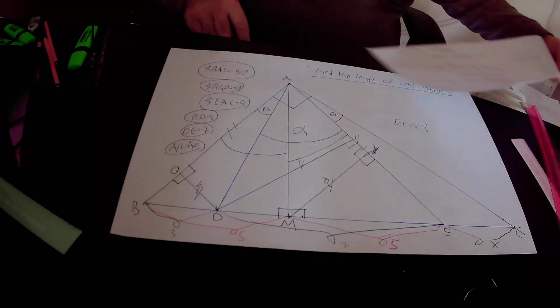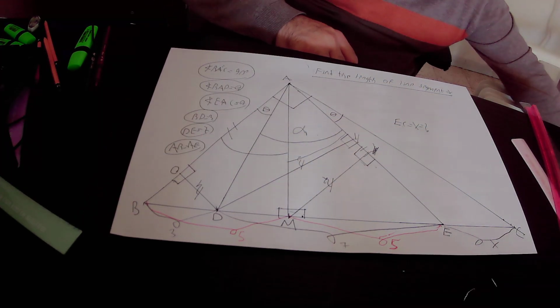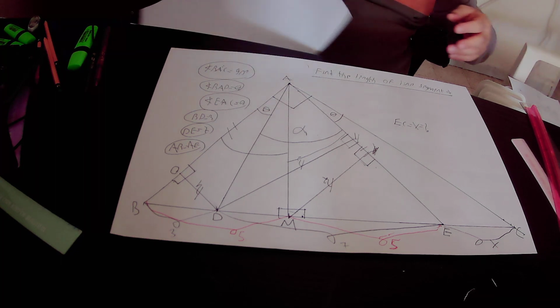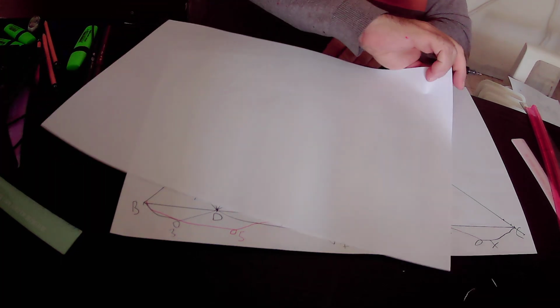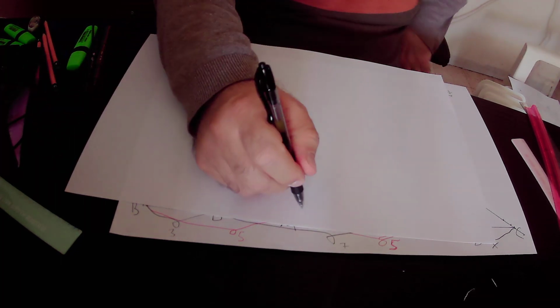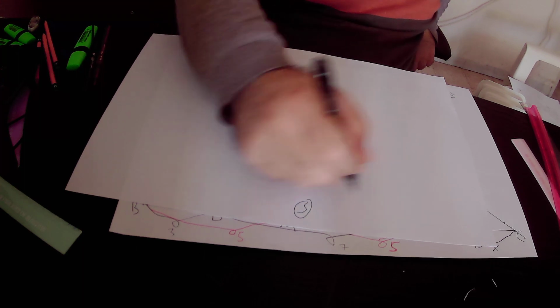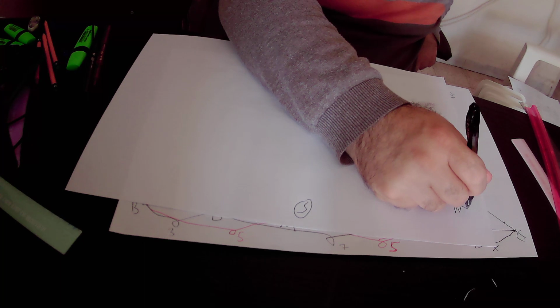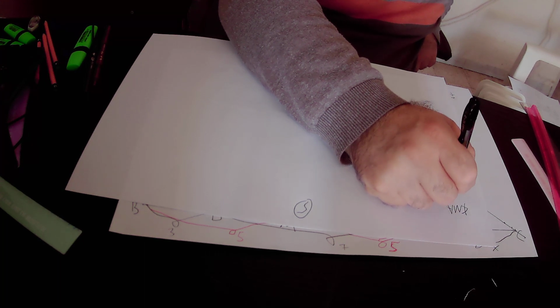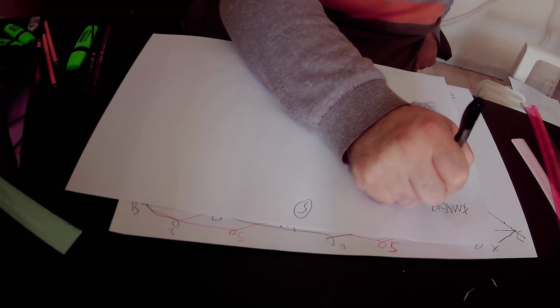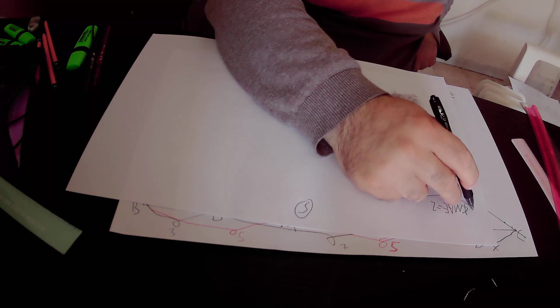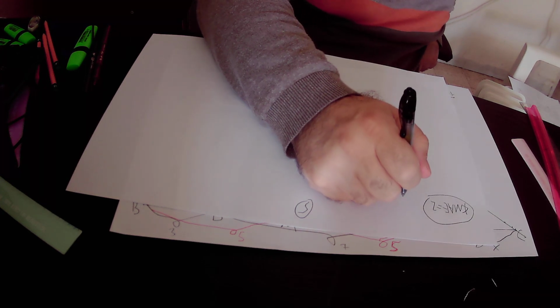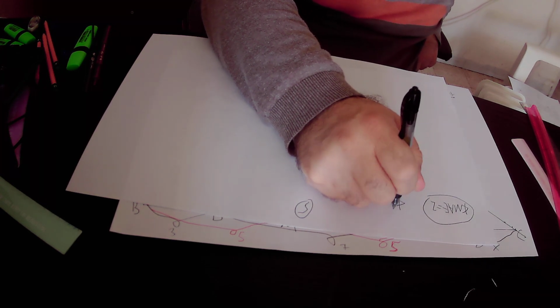So we can write down here that angle MAE equals Z, and angle BAM is also equal to Z.